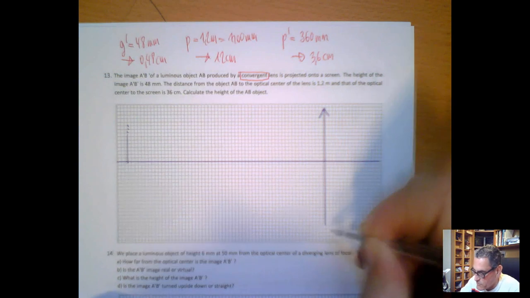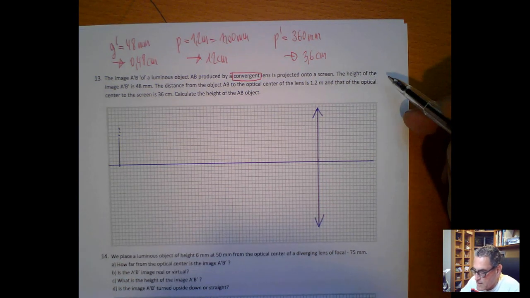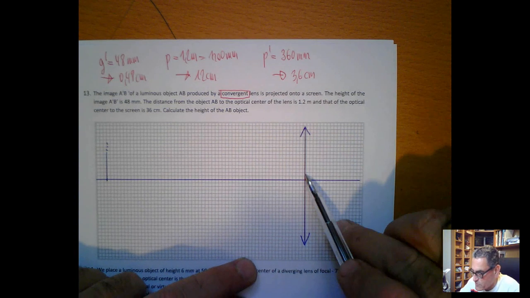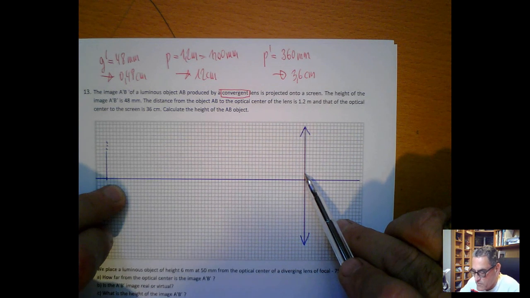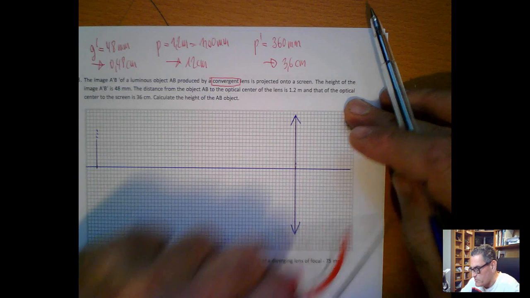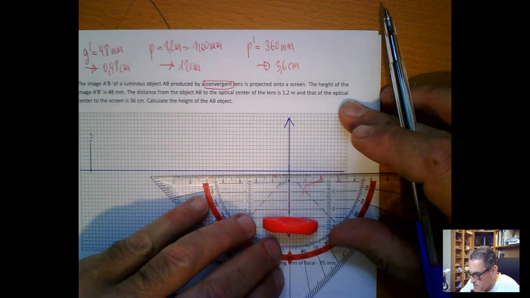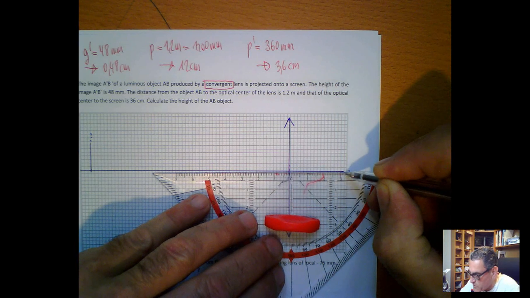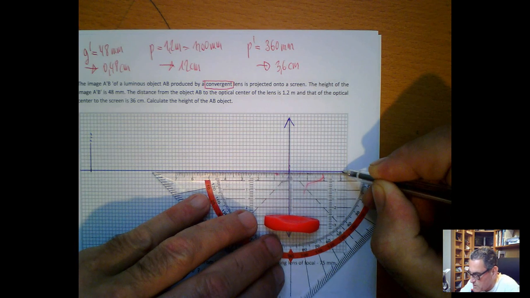Here we have our convergent lens, and the distance from the object AB is 1.2 meters, that's okay, and that of the optical center to the screen is 36 centimeters. We said 3.6. It arrives here. Let me extend a bit.